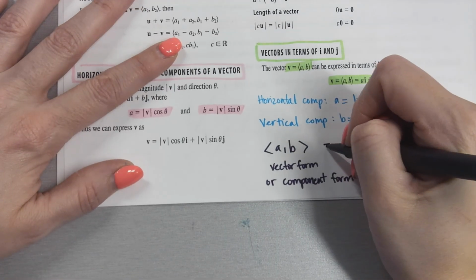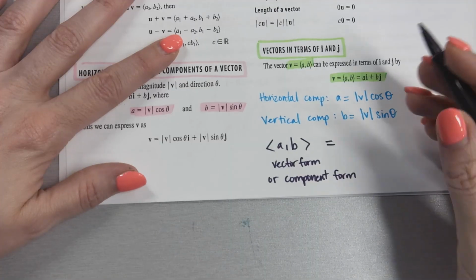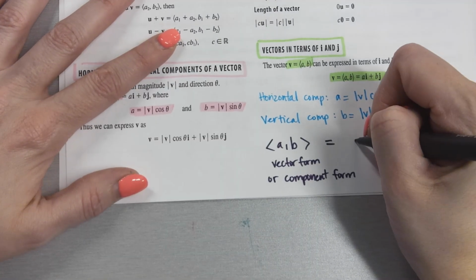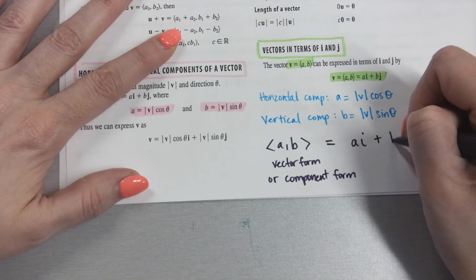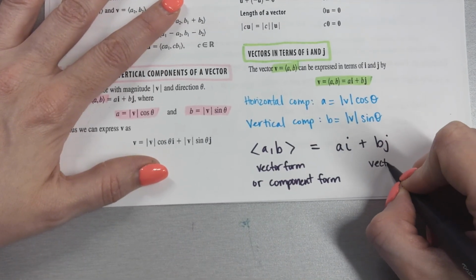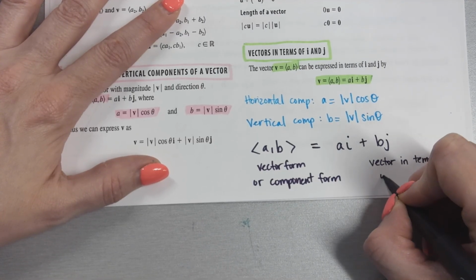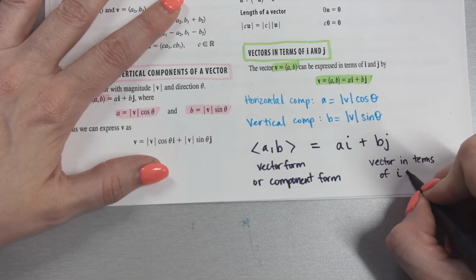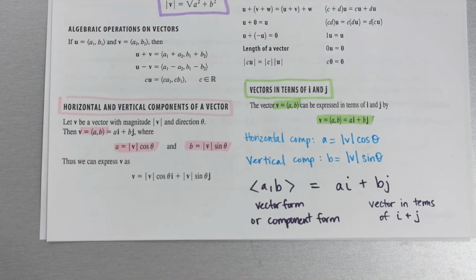So anytime I want you to write it in terms of i and j, I will say that. So this is equal to ai plus b times j, and that would be a vector in terms of i and j. So you will be required to write in those different forms there.